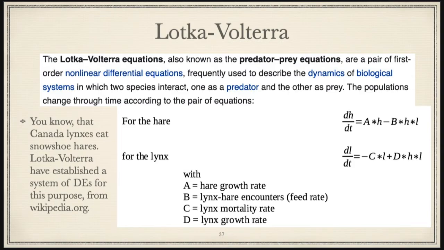The populations change through the time according to these pair of equations. We have for the hare this changing and for the lynx this changing, with some rates which determines the populations. And this will be solved on an analog computer.